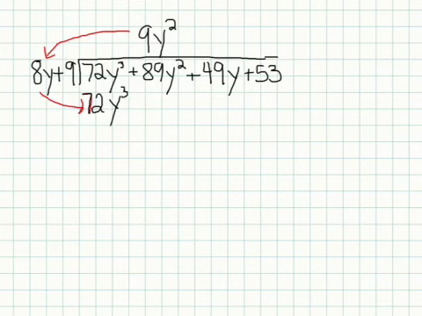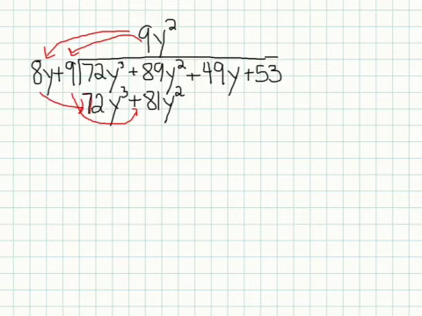But we can't forget to also multiply the 9y squared onto the other term in the divisor, which is the positive 9. We put that result next to the 72y cubed. So it's 9y squared times 9, and that's positive 81y squared.